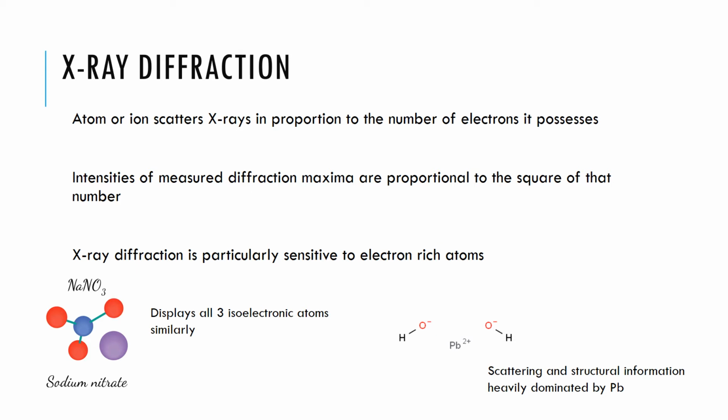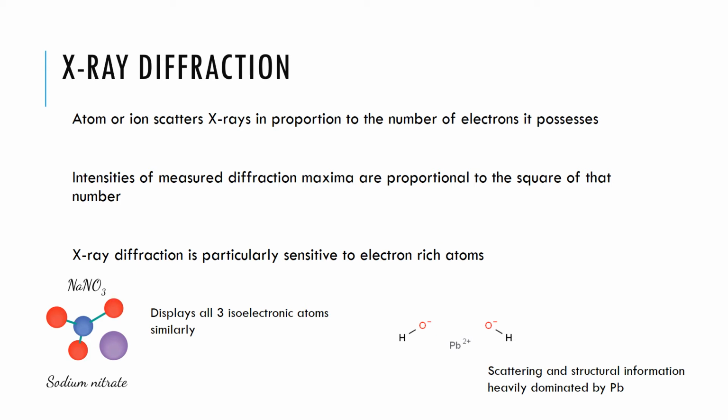If I was to look at the compound in the bottom right of the slide there that contains lead, oxygen, and hydrogen, because X-rays are scattered by the electron cloud, the scattering pattern from that compound, and any structural information that we can gain from it, would be heavily dominated by lead, because it's much heavier and it has many more electrons surrounding the atomic center.